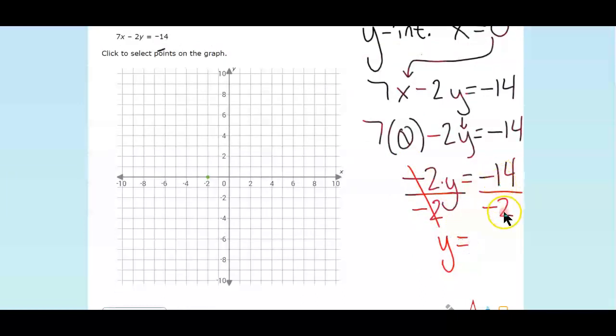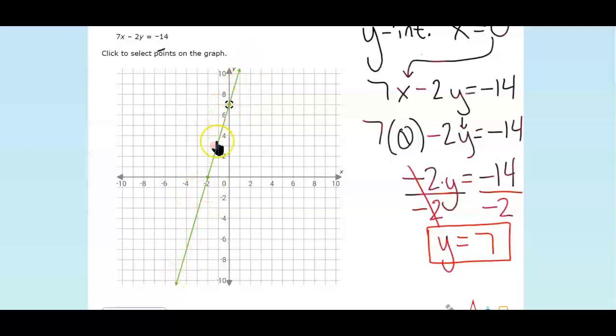And a negative divided by a negative is a positive. 14 divided by 2 is 7. So my y-intercept is y equals 7, which means that the place where my graph crosses the y-axis is at positive 7, or we could think of this as a height of 7.